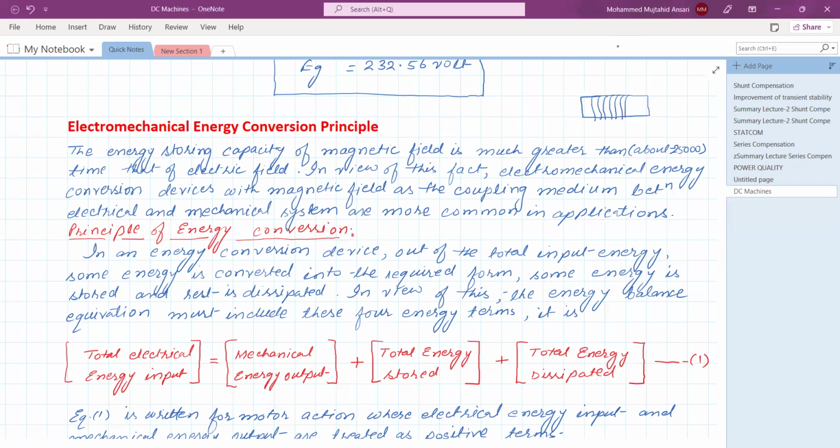So it produces a magnetic field, which is much stronger than the electric field produced by the current carrying conductor.